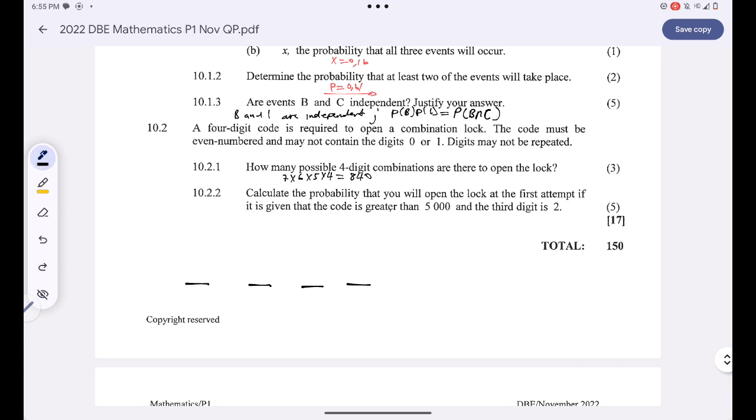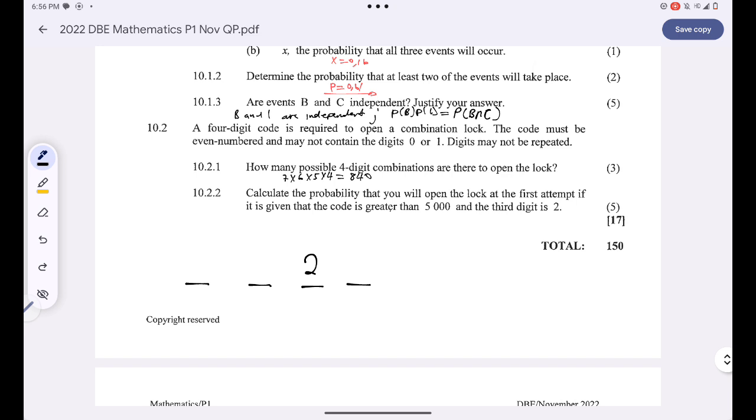Okay, now we are supposed to calculate the probability that you will open the lock at the first attempt if it is given that the code is greater than 5,000, number 1, and the third digit is 2. So I already know that here there's only one number in this placeholder, and that number is 2.